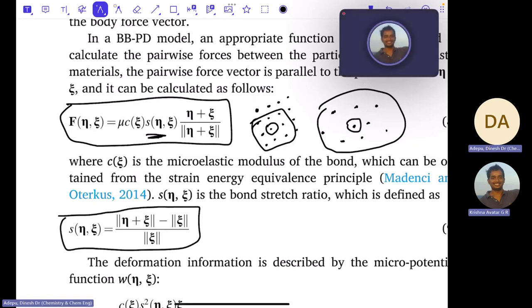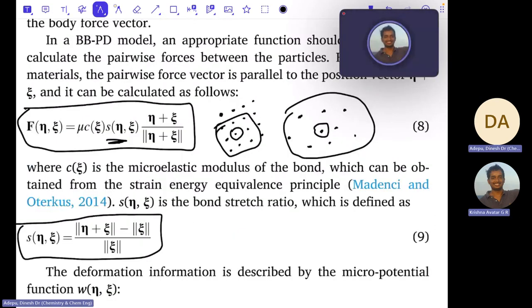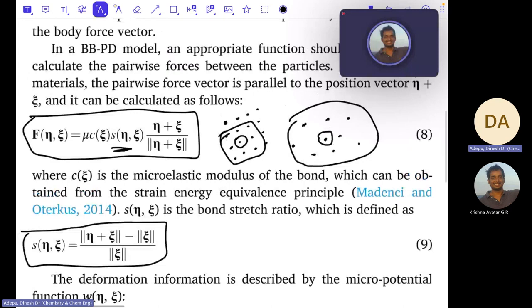That's what bond stretch ratio is. It's just like the longitudinal strain. Initially you know the distance, after the deformation you know the distance.